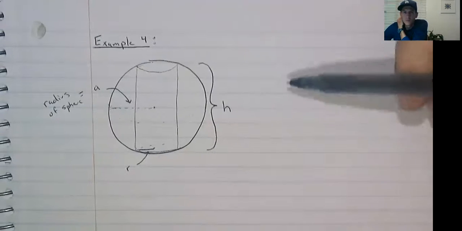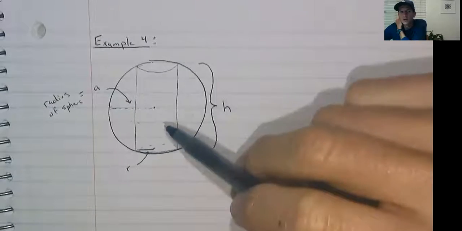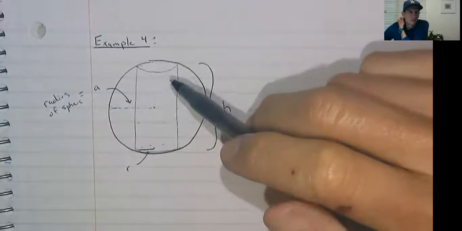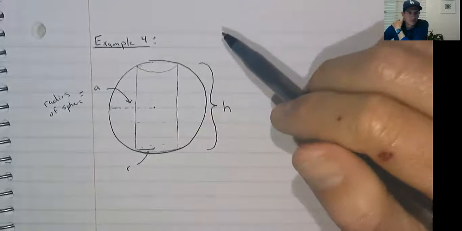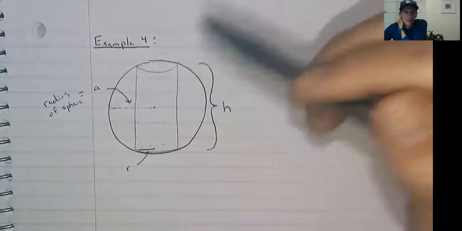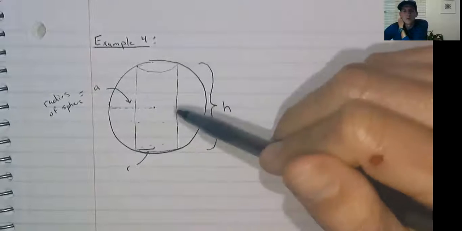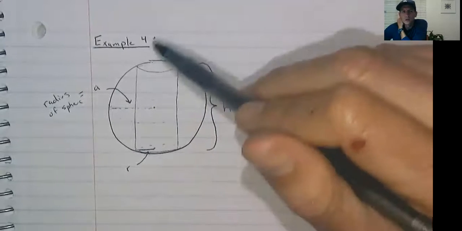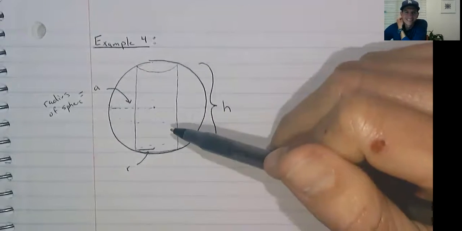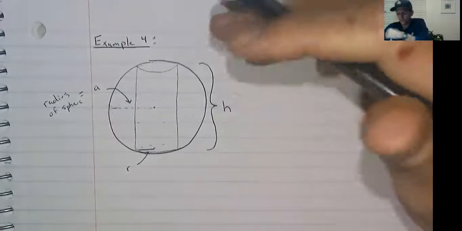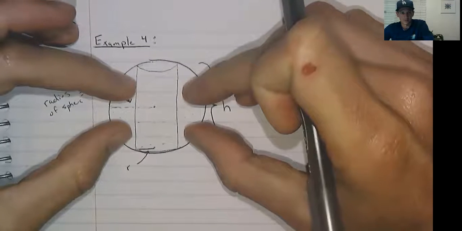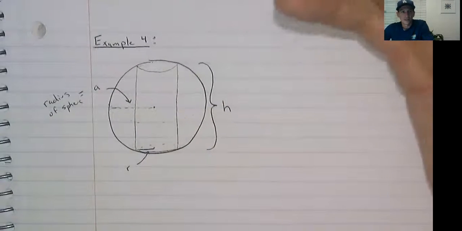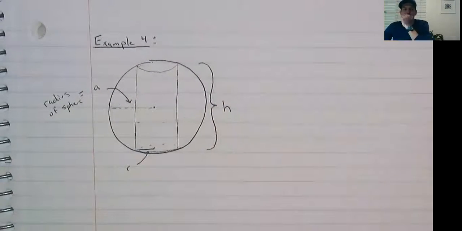And some of you might be saying, whoa, what about the height? Like the height looks like twice A. Yeah, but that's just how we drew it. You can picture that this will get short and squat, and then the height's going to be just something. Okay, so it doesn't really work.